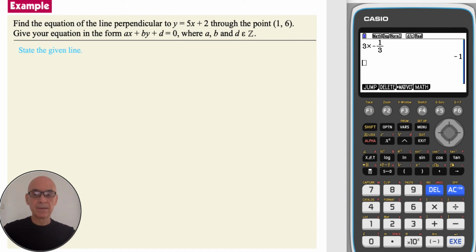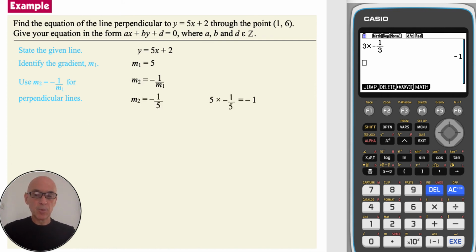So if we begin by stating the given line and identifying its gradient, m1, that's the number in front of x, so m1 is equal to 5. If we then use the negative reciprocal relationship for perpendicular lines, the gradient of a perpendicular line to the given line, called m2, will be negative 1/5.